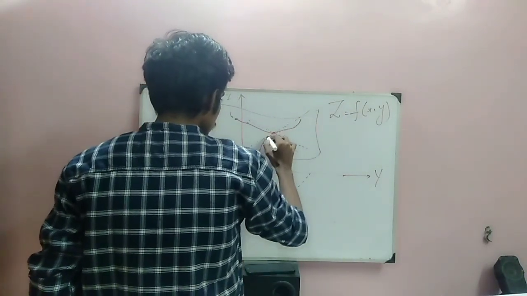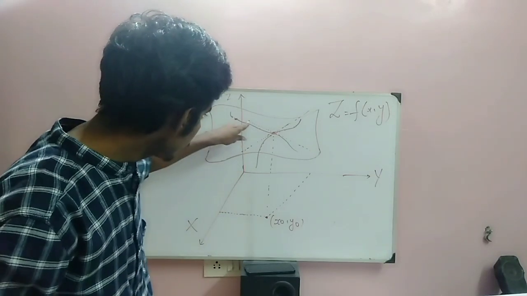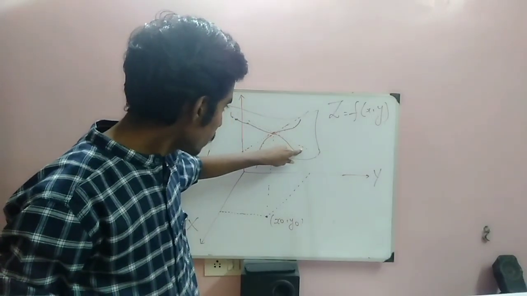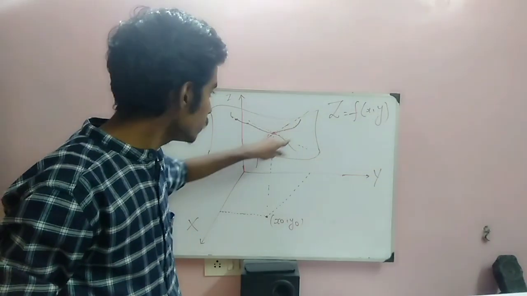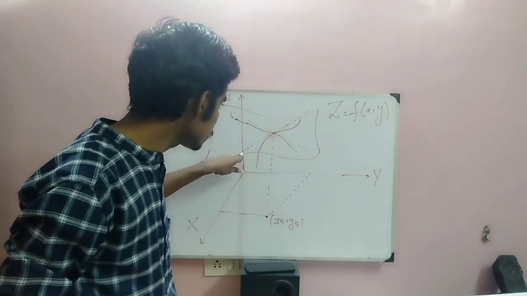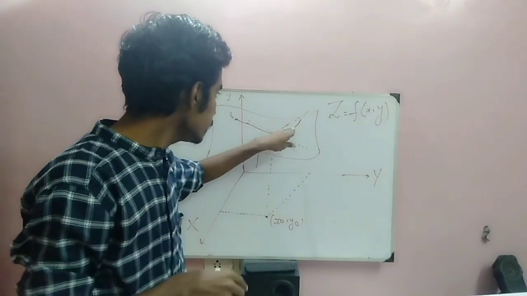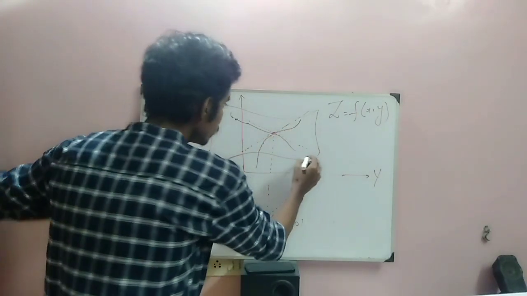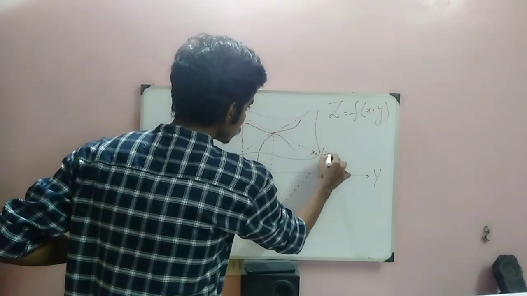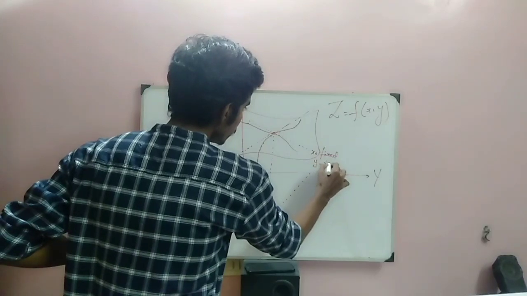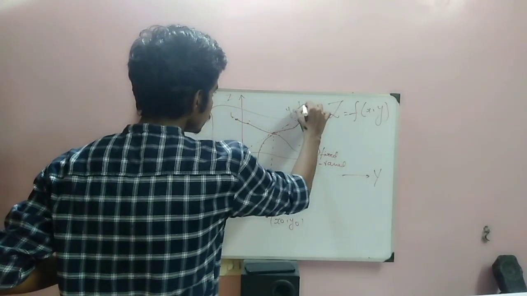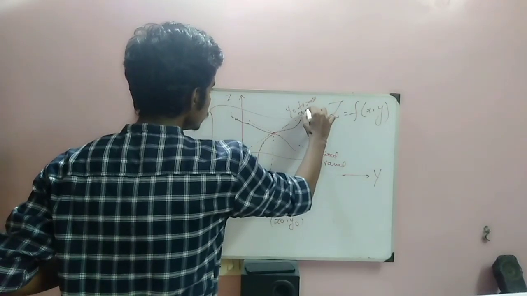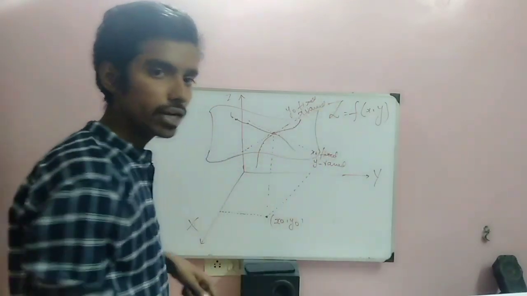So there is one tangent line obtained by fixing x naught and varying y, and for this one y naught is fixed and x is varied.